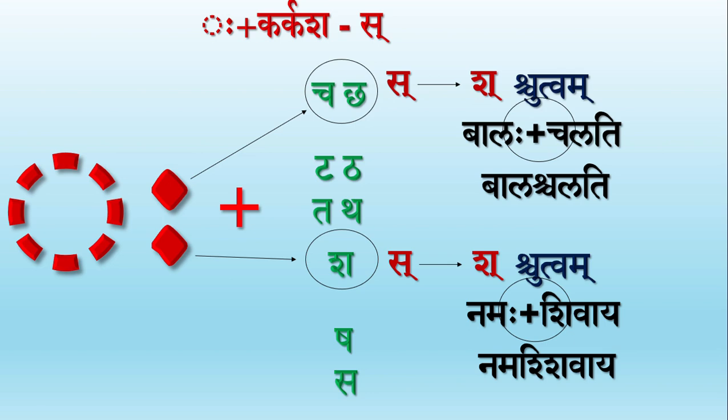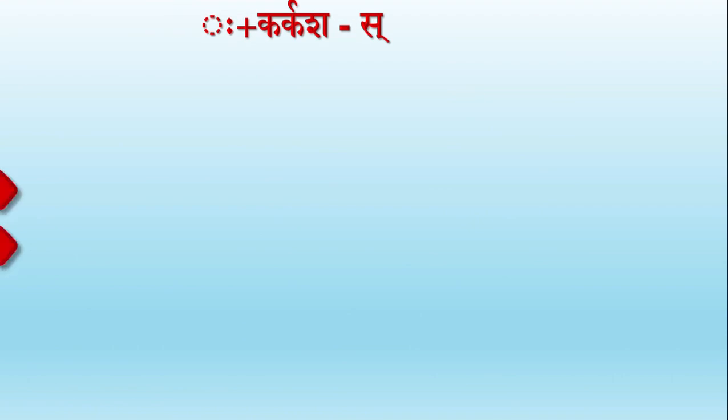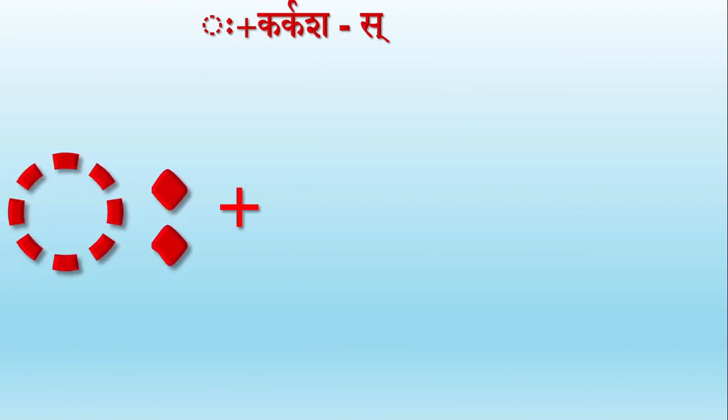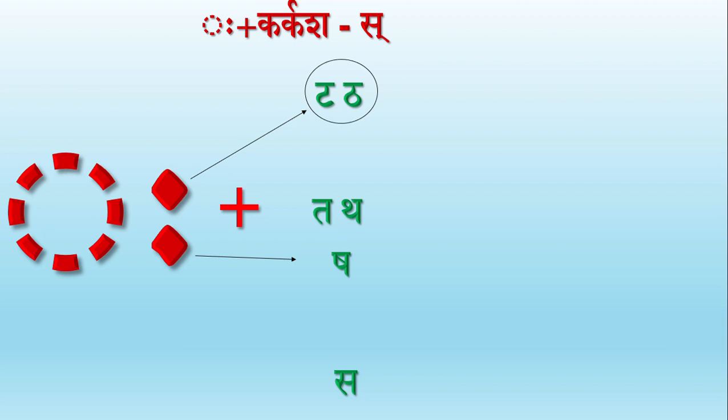What happens when we have the letters Ta, Tha, Ta, Tha, Sha or Sa after a Visarga? When the letters Ta, Tha or Sha are present, Sakaradeshaha occurs, but here again it later transforms to become Sha because of Shtutvam.